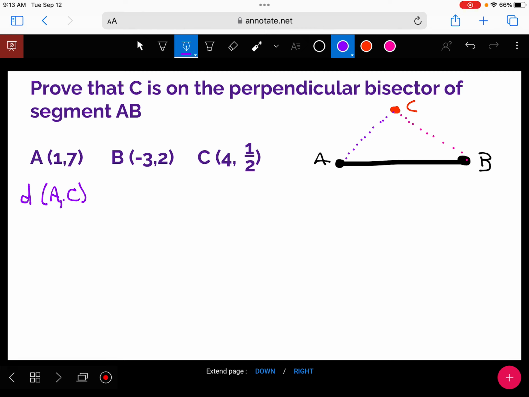So our distance of AC, square root of the difference of 4 minus 1 squared plus the difference of 7 minus 1/2 squared. Sorry, I have those flip-flopped. 1/2 minus 7.